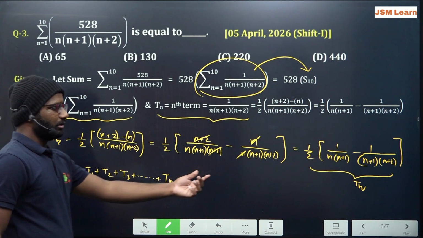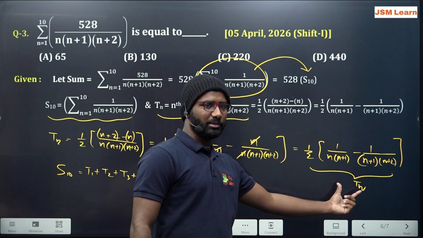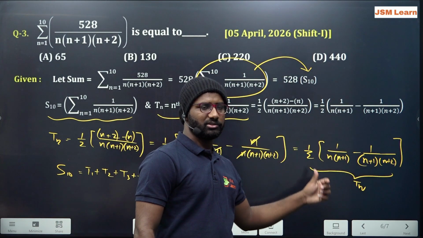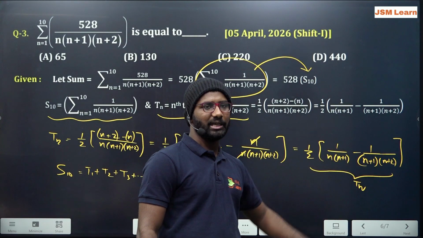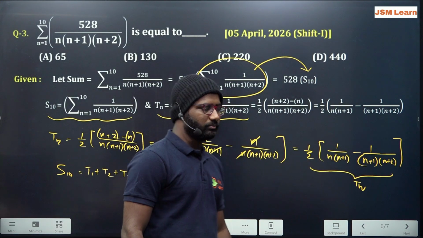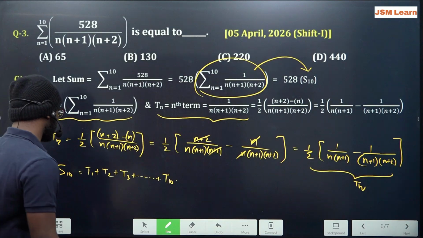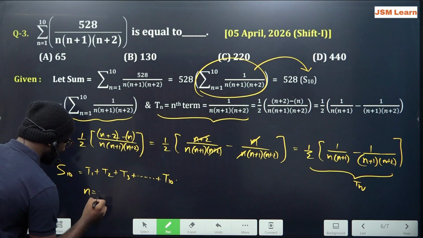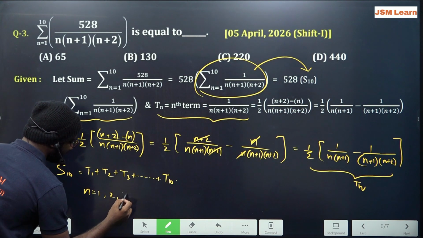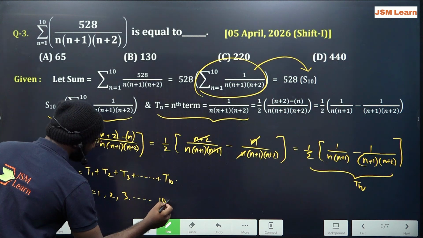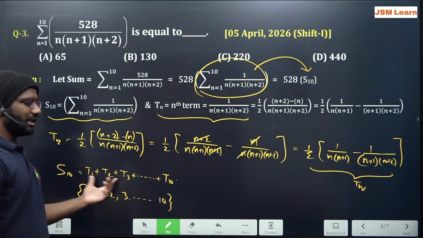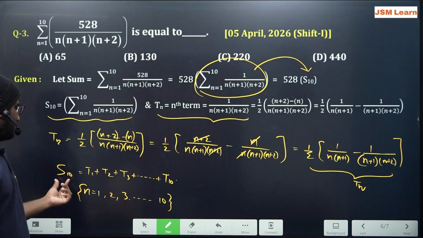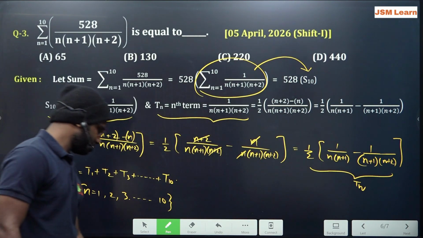We know Tn, that is nothing but the nth term of this sequence, is equals to 1 by 2 times 1 by n into n plus 1 minus 1 by n plus 1 into n plus 2. By substituting n is equals to 1, n is equals to 2, n is equals to 3 up to n is equals to 10, we can find the 10 terms and we can add, so that we find the sum of 10 terms.